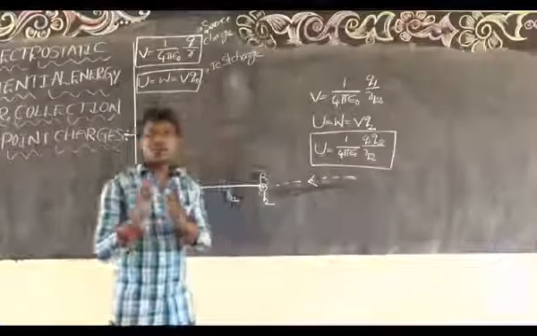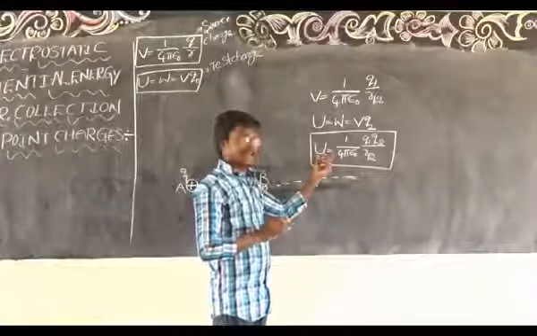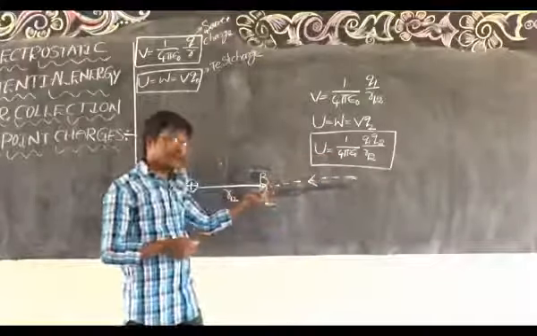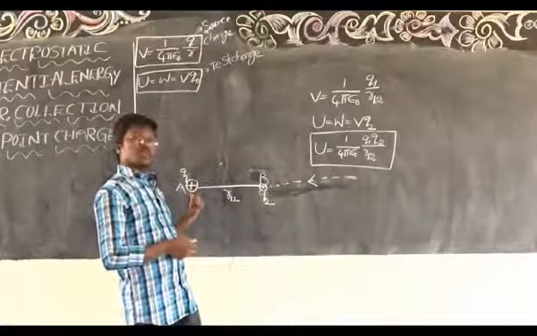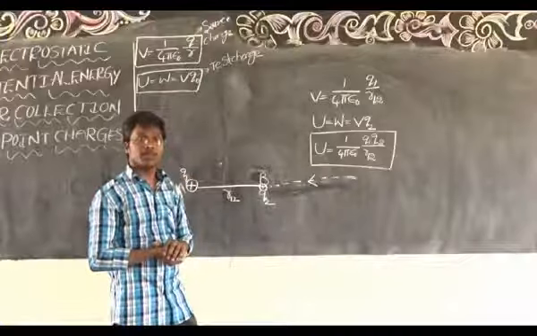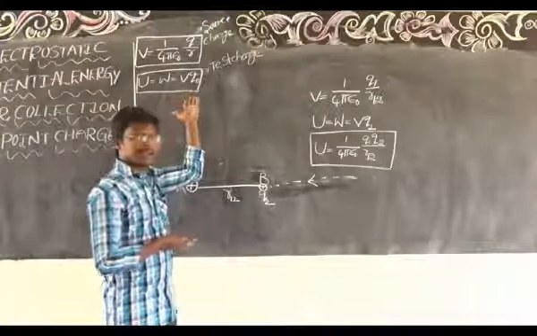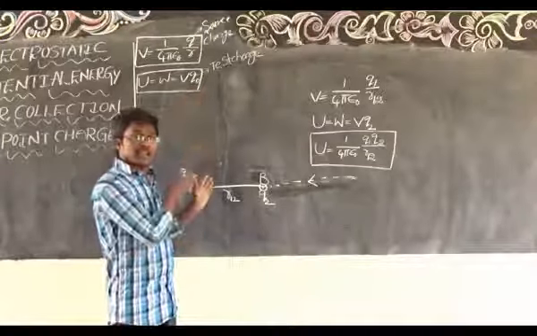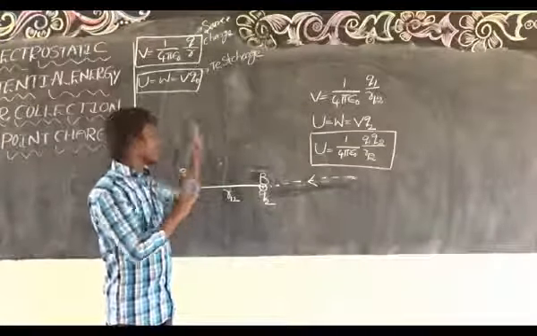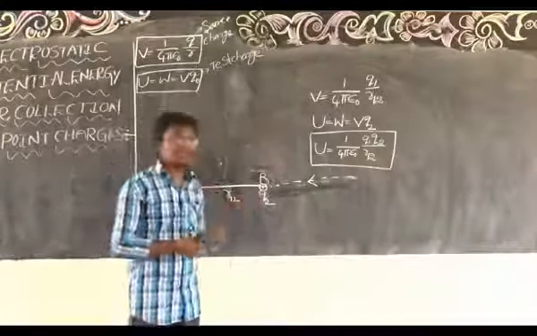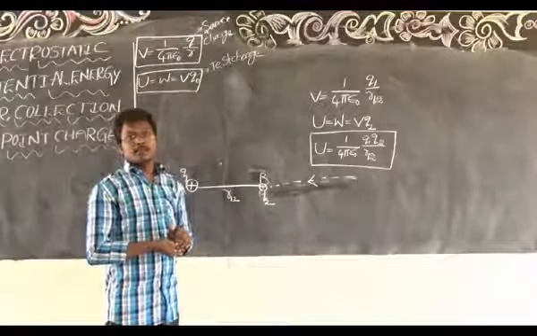This is the electrostatic potential energy at point B due to source charge Q1. I hope you understood. From the previous class, ten minutes before, I explained this; from those expressions only I wrote it like this. Okay.